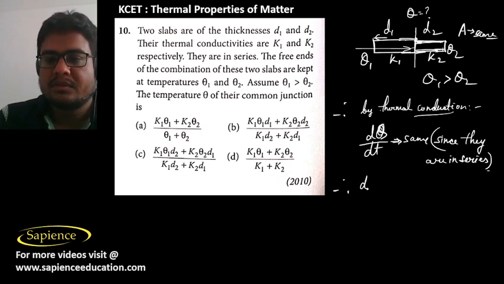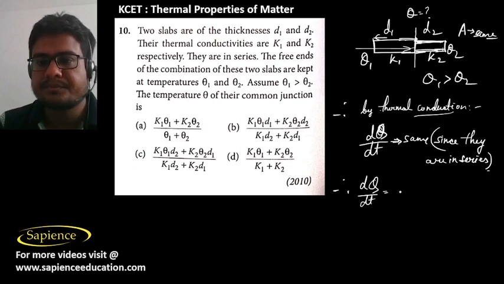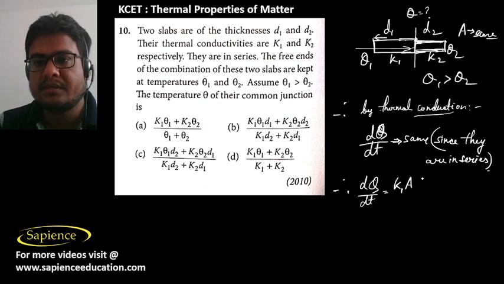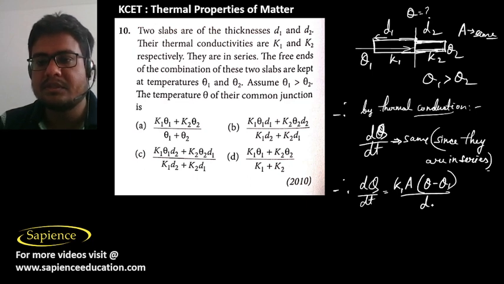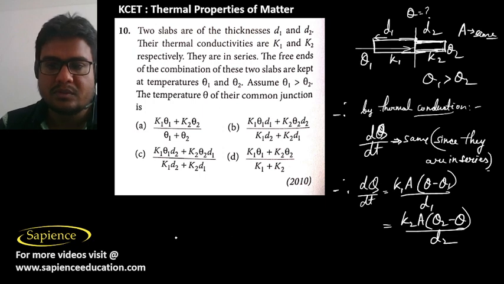So dQ by dt will be equal to k1 A (theta minus theta 1) by d1, which will be equal to k2 A (theta 2 minus theta) divided by d2. So therefore these two are the same.